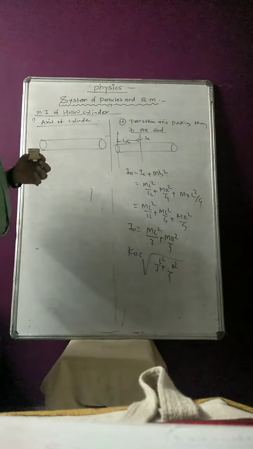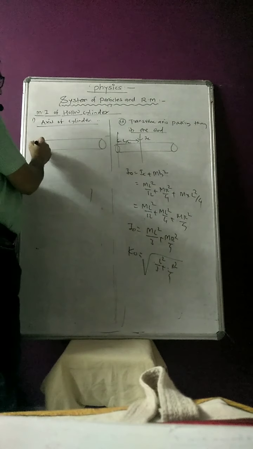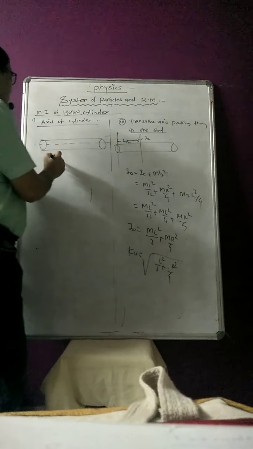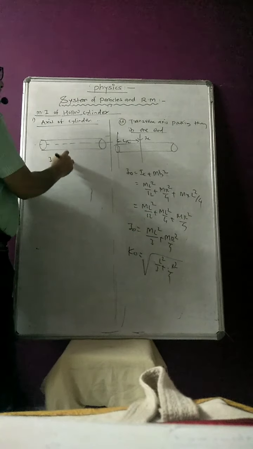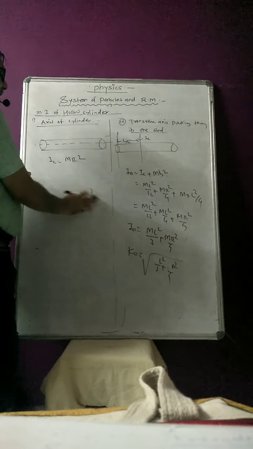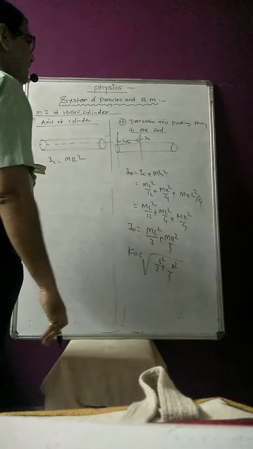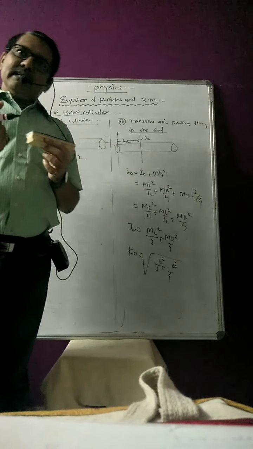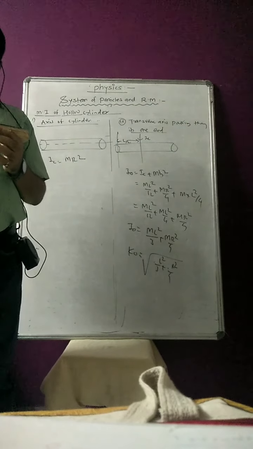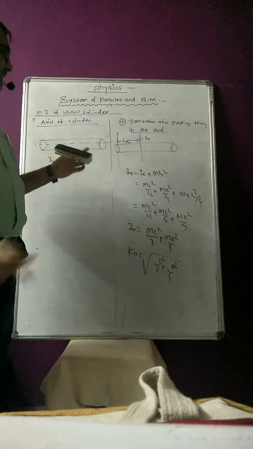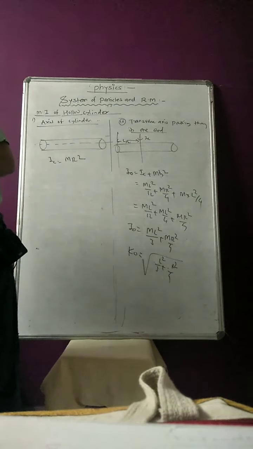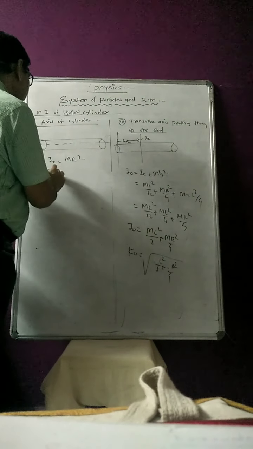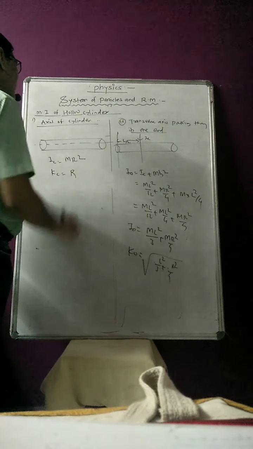This is not a solid cylinder, this is a hollow cylinder, and if I want to find out this axis, then IC is equal to mr square. That is because this is like a ring, and the moment of inertia about an axis passing through the center perpendicular to its plane is mr square. Therefore the radius of gyration KC is equal to r only.